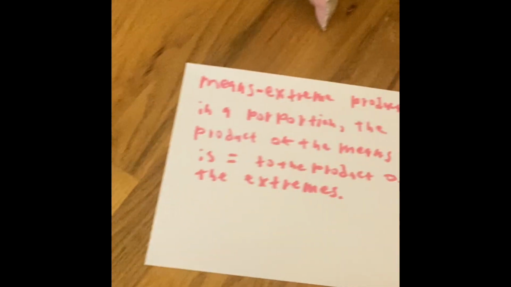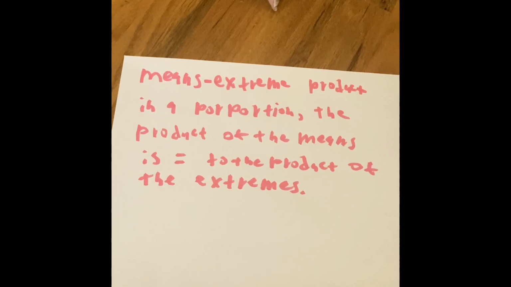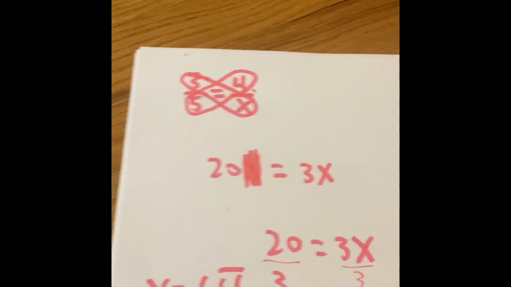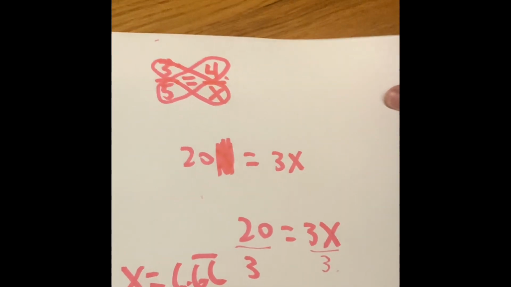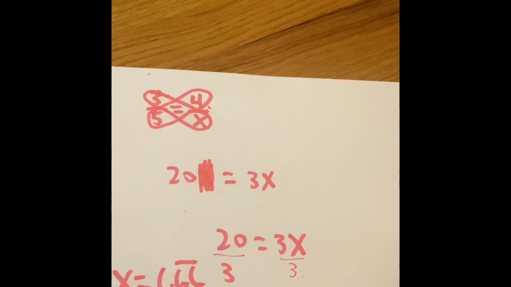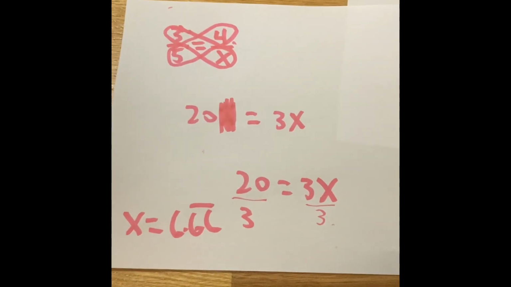But hang on. Where do we get the words product, mean, and extreme? Like, what's so extreme about this kind of math? Well, there's some kind of format on how we like to see this kind of problem. So if you remember from middle school, you probably learned about different kinds of graphs.